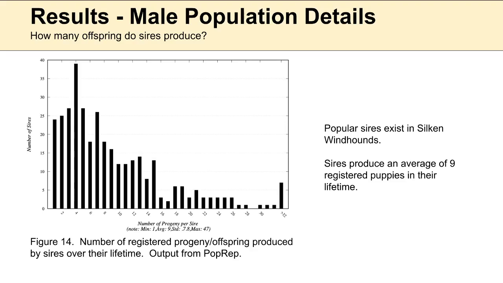Sires produce an average of 9 registered puppies in their lifetime, but there is a subset of about a dozen dogs that have more than 30 puppies in their lifetime, which is huge compared to the sires that are only producing 1 to 4 puppies.